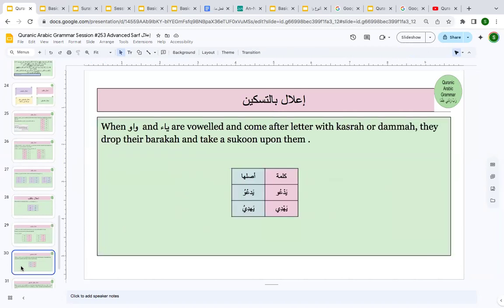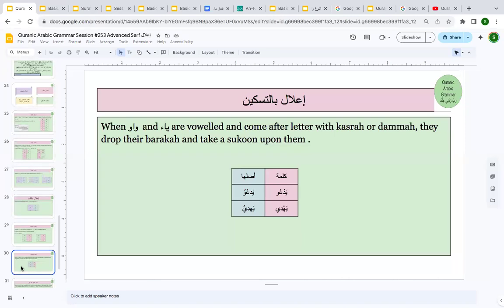Then i'lal bit taskin, an easy one. Have you ever seen in Quran the words yad'u and yahdi? I always told you when we were covering our nahu that these are marfu bidamatul muqaddara on the waw and ya. But yad'uwu, yahdiyu, what happened here? Because the haraka before the voweled waw and ya was kasra or dhamma.